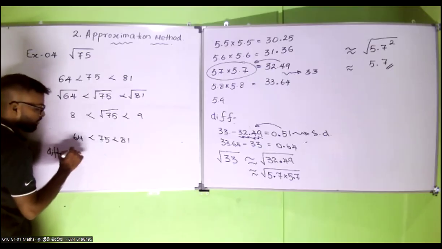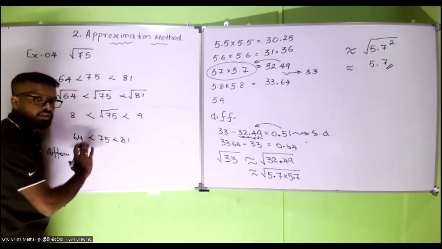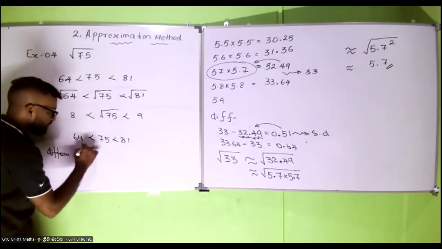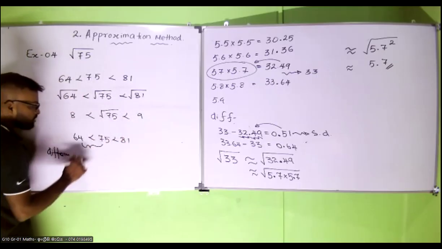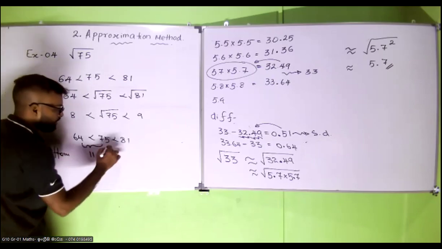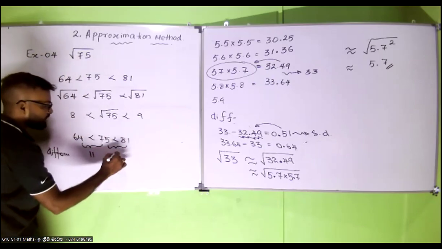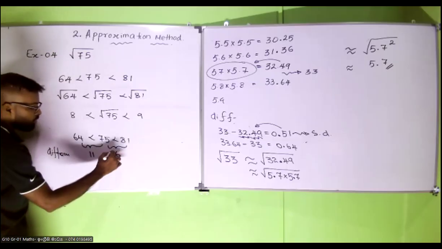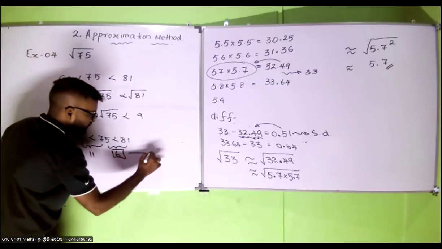I am doing this a little bit fast. Between these two, I have 11, and between these two, I have 6. So the smallest difference is this.